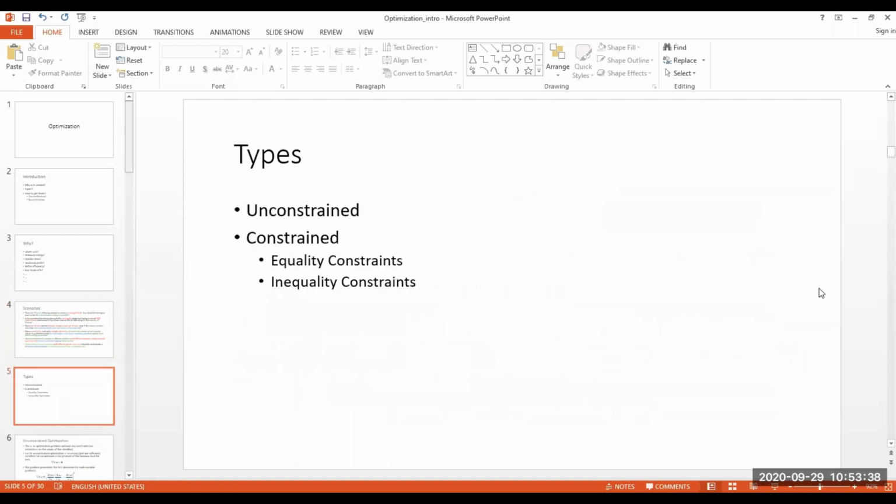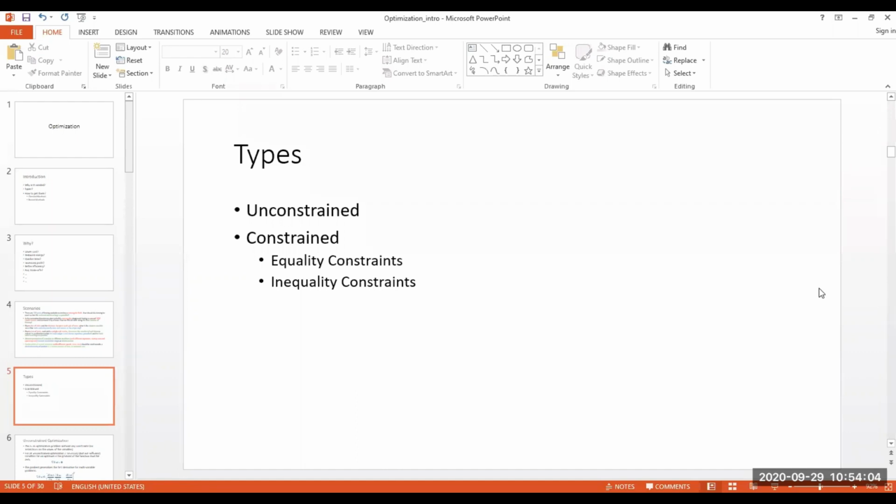Now let's look into the types. Types could be unconstrained, as we already discussed in the last class. That means you might have no constraints to fulfill. You are free to choose the values of your solution variables. You have the freedom. In that case, you only have the objective function. You don't have to satisfy any constraint.